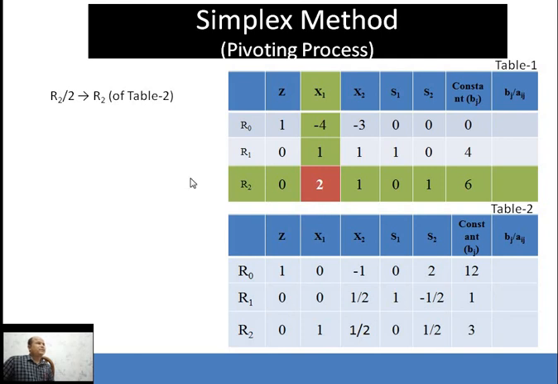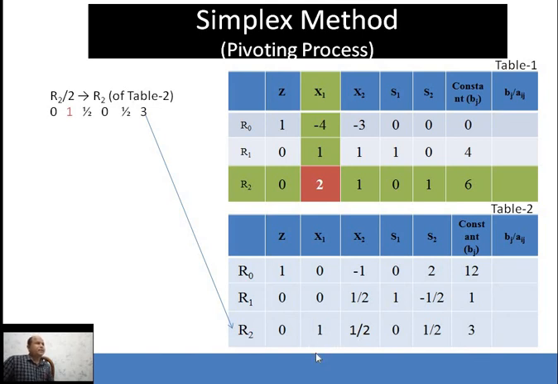Let us see it. 0 divided by 2 is 0, 2 divided by 2 is 1, 1 divided by 2 is half, 0 divided by 2 is 0, again 1 divided by 2 is half, 6 divided by 2 is 3. So this is the row of table number 2. Yes, we have got one row of table number 2 where the pivot element is converted into 1.